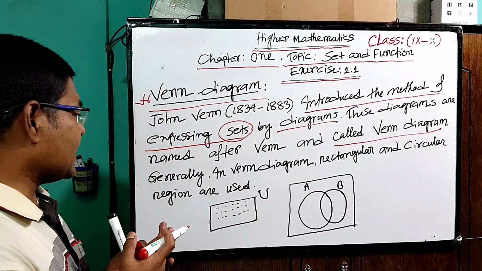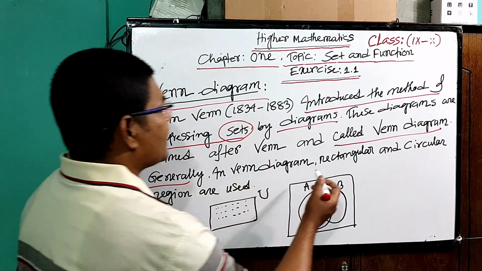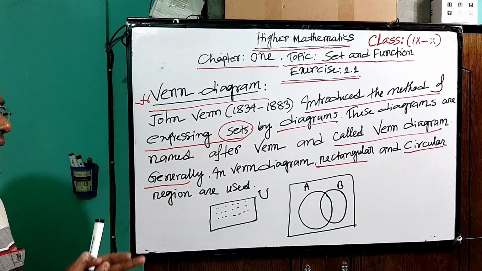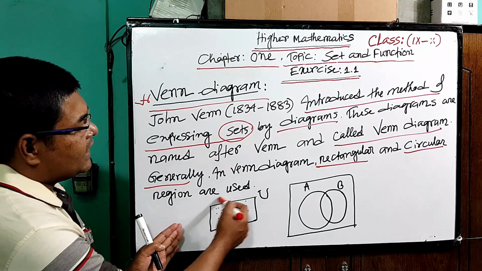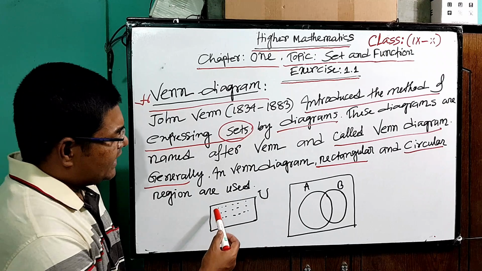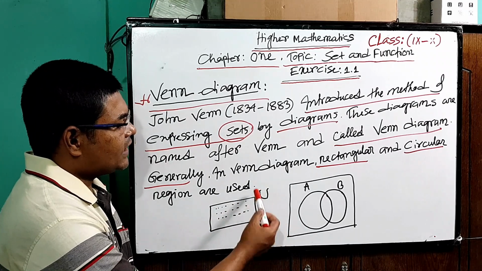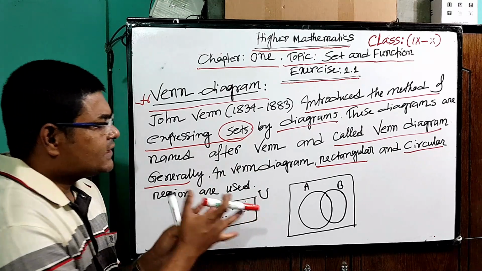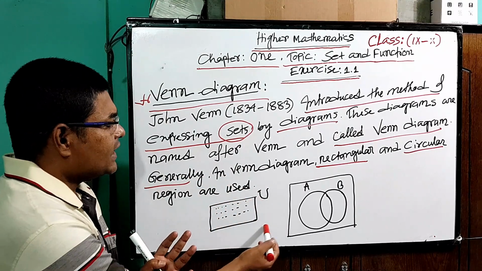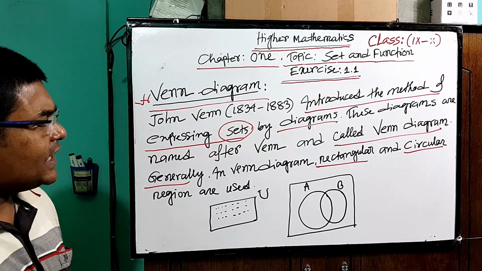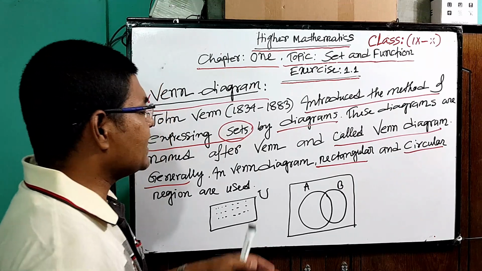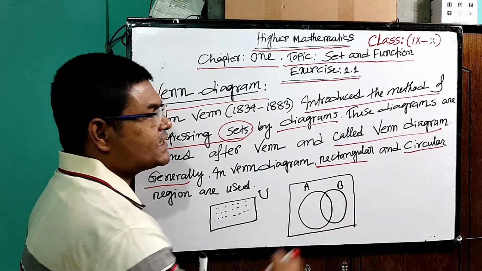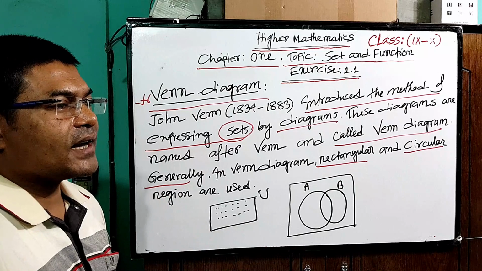So Venn diagram generally uses rectangular and circular regions. This is the rectangular. If we think that these are the sets included in capital U, you can see the big U. So this is the universal set. And you can see I have written here another diagram. Here is A and here is B. A and B are two sets.